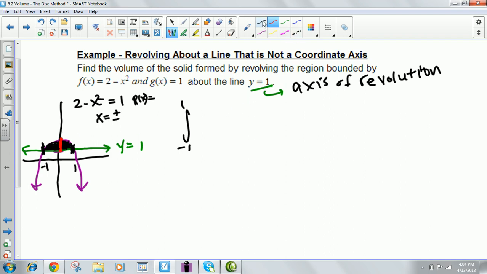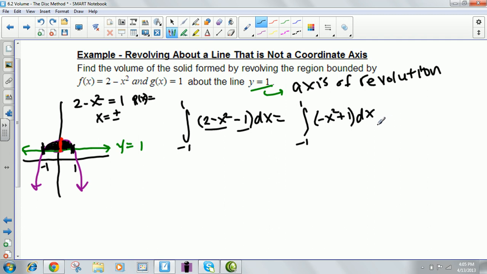So it's going to be your upper function, which is your 2 minus x squared, minus your lower function, which is just y equals 1. Because with this rectangle, the distance between those 2 points is the top point minus the lower point. The top point is defined by 2 minus x squared, and the lower point is defined by 1. So then when we simplify this, this is going to be 1 minus x squared. Or let's rewrite it, negative x squared plus 1, doesn't matter.